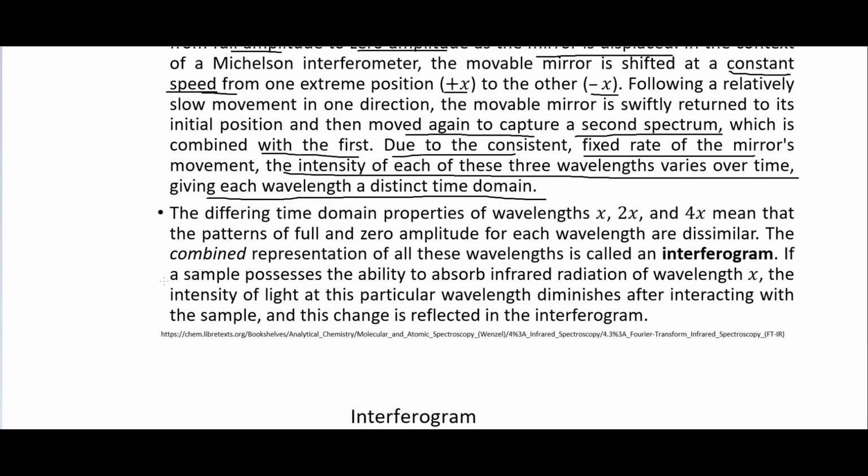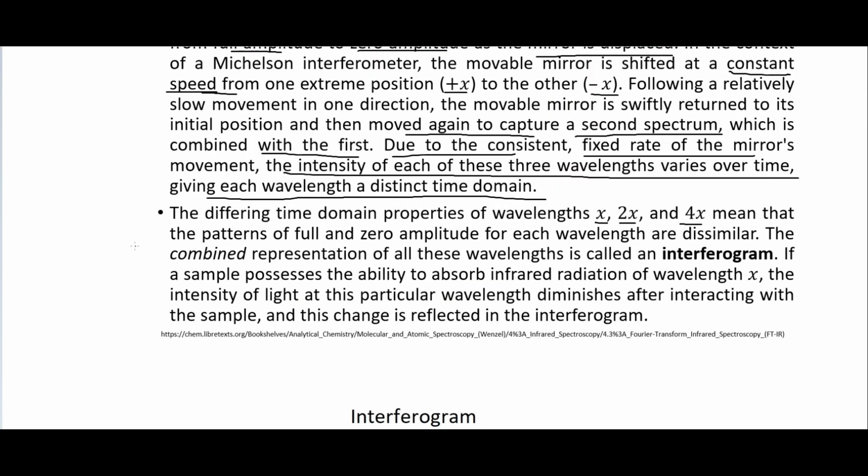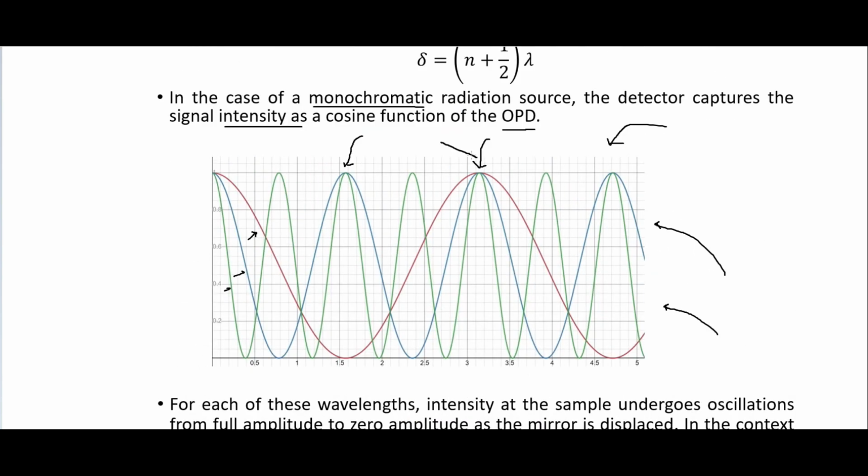So the differing time domain properties of wavelengths, so we can call it x, 2x, and 4x. So we can call each of these, one of them is x. So maybe the green is x, the blue is 2x, and the red is 4x. That means that the patterns of full and 0 amplitude for each wavelength are dissimilar. Like I said, we can see in some places it's fully constructively interfering.